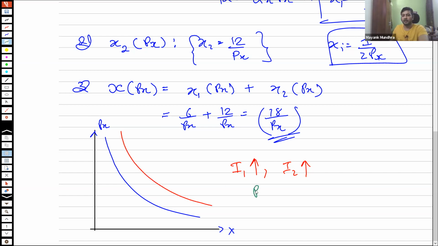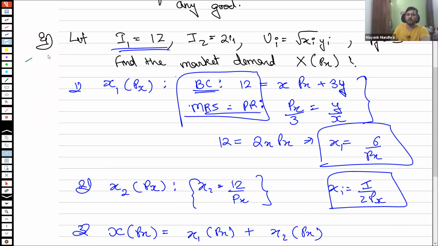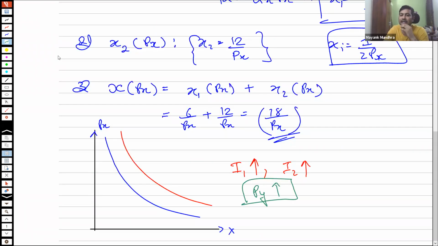Suppose Py increases, for the same commodity, by the way, for the same utility function. I'm talking about a continuation of this example. So suppose Py increases. So what would be the impact of an increase in the price of good Y on the market?